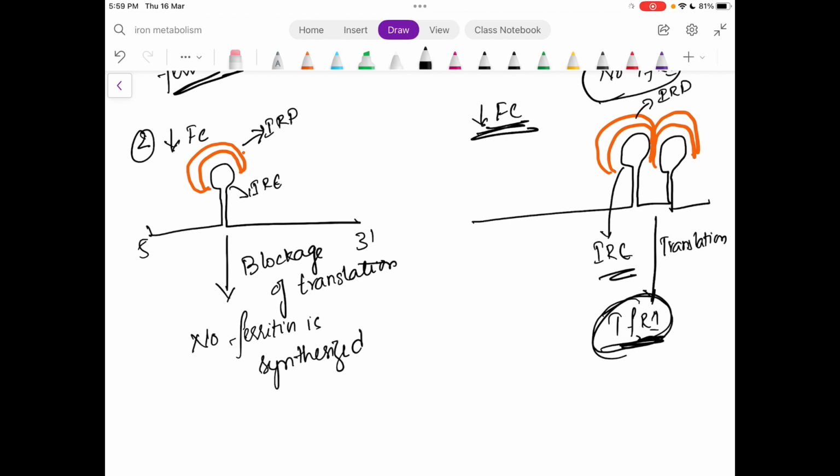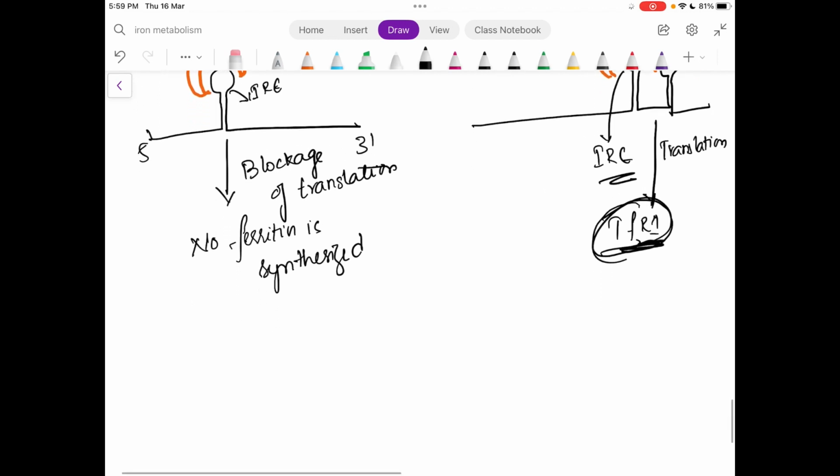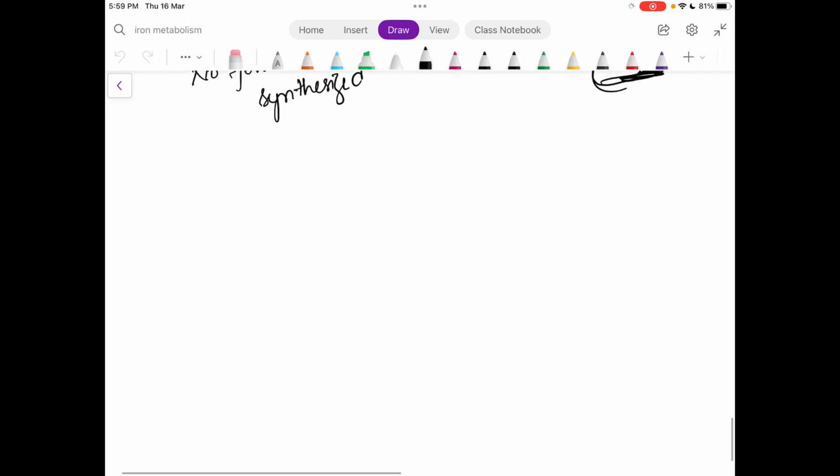More transferrin 1 receptors are required, so that whatever iron is present in the body will be taken up by the tissue cells. Okay, this is about regulation of iron metabolism. This is very important. Iron regulation, mucosal block theory, is a common question asked in UG exams and PG questions also.